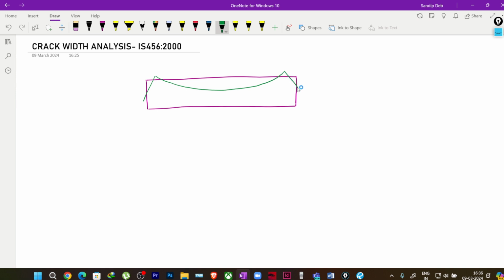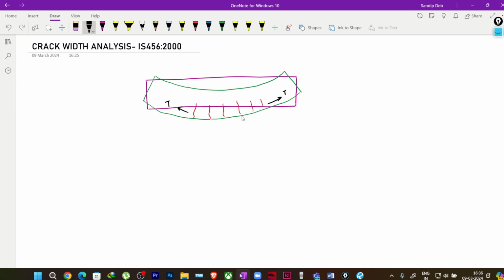Suppose the section is subjected to bending, and then we can see the cracks here, right? Why are these cracks coming? Because in this particular portion the fibers are subjected to tension, and due to this tension these cracks appear in the member.